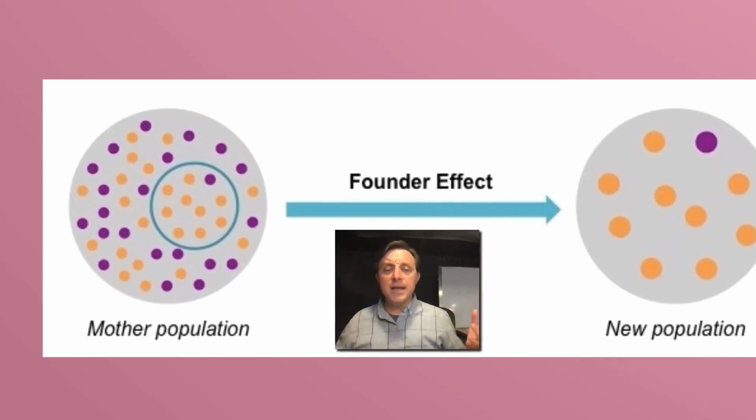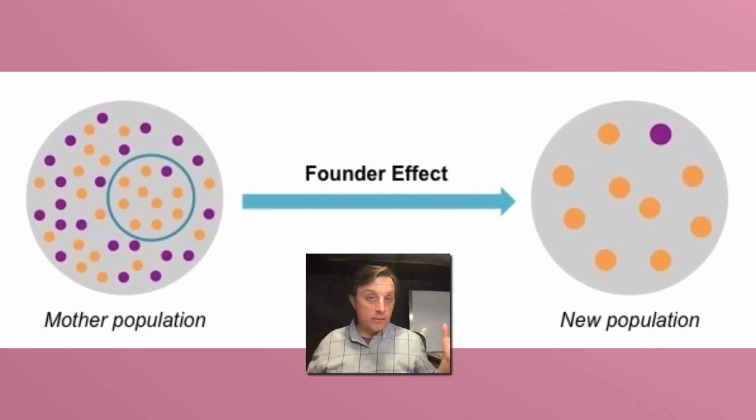Kind of related to that, and these two are often confused, the founder effect. This is when a small portion of a population breaks away and moves into a new area, and no longer exchanges genetic information, no longer reproduces with the original population.